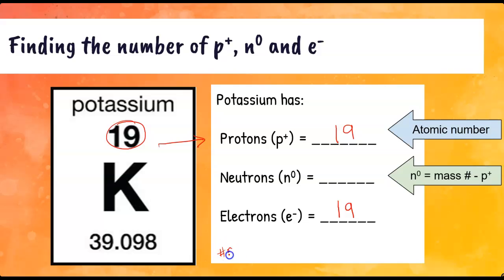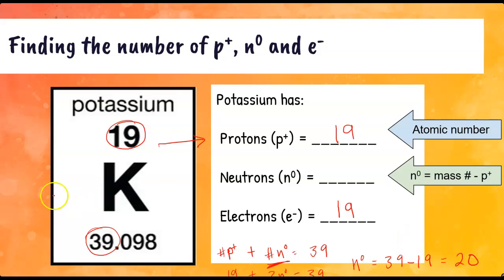The number of protons plus the number of neutrons equals the mass number, right? Well, this was our mass number. It was 39. Okay, so if I want to know the number of neutrons, and remember protons was 19, so I have 19 protons plus some unknown number of neutrons equals 39, well, that means I'm going to have to do some subtraction. So my neutrons are going to be 39 minus 19, and that gives us 20 neutrons.